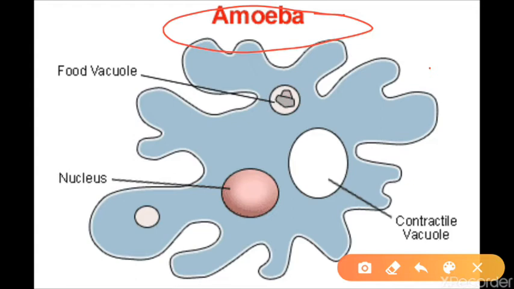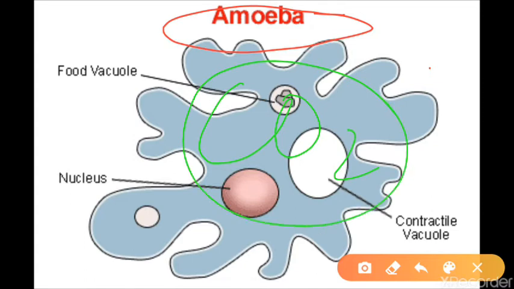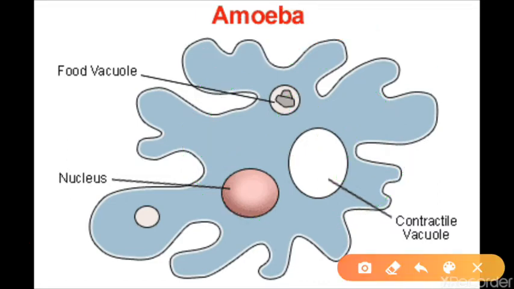The first thing is that CO2 is produced in the amoeba. While respiring, they produce CO2 in their body. So how will they remove it? Here we have a contractile vacuole.